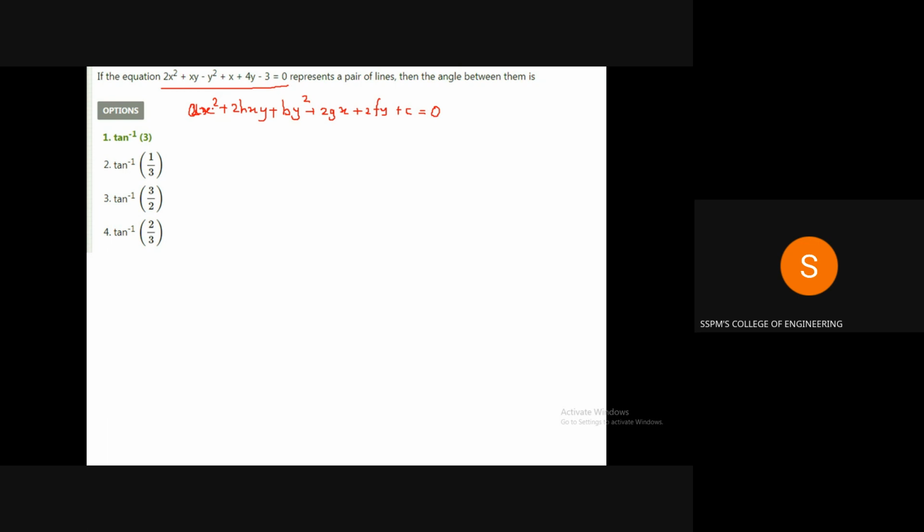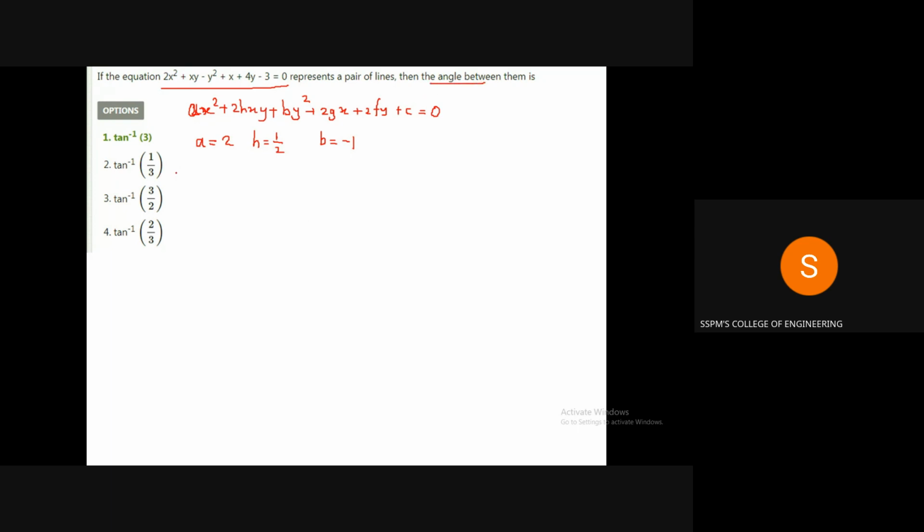Now if you compare this with the given equation, we get a is equal to 2, h is equal to 1 by 2, b is equal to minus 1. These are the values. We don't need the other values because we have to find the angle between them.